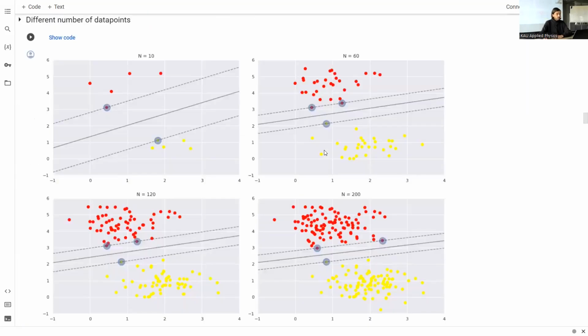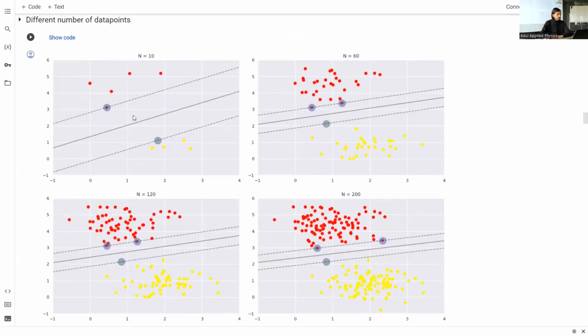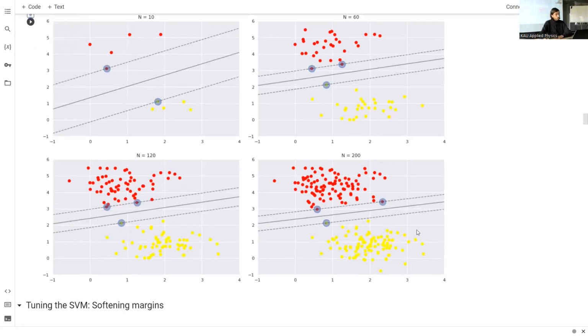If I am increasing the number of points in my data set, you can see in this picture, suppose I have 10 points for 2 features. You see how my line looks. If I make 60 points, my line slightly changes. Okay, it changes, and I have different support vectors. But if I go from 60 points to 120 points to 200 points, almost nothing changes.